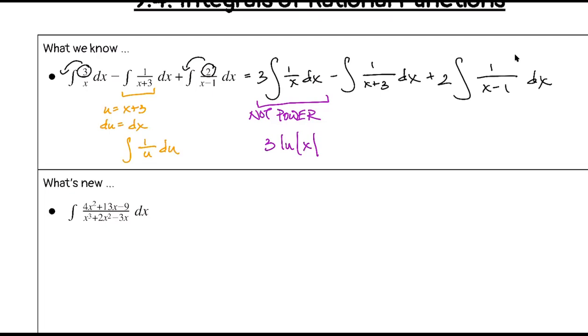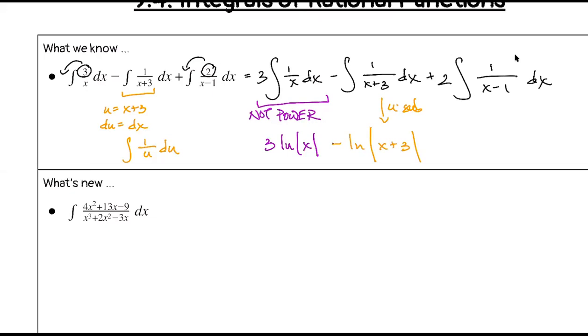And when I take the integral of that, that's just going to give me this next part, minus the natural log of u, which is x plus 3, okay? So this right here, we need a u sub to do that integral. And the same is going to be true for the last fraction. We're going to need to use a u substitution there as well.